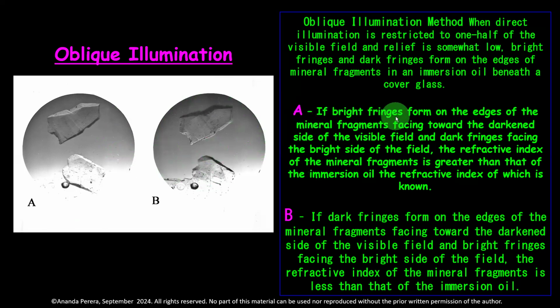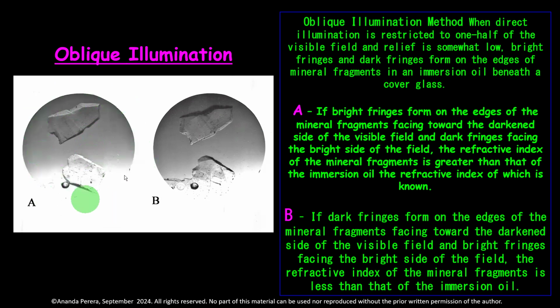If bright fringes from one of the edges of the mineral fragment A are facing toward the darkened side of the visible field and dark fringes are facing the bright side of the field, the refractive index of the mineral fragment is greater than that of the immersion oil, the refractive index of which is known. The refractive index of the oil is known.